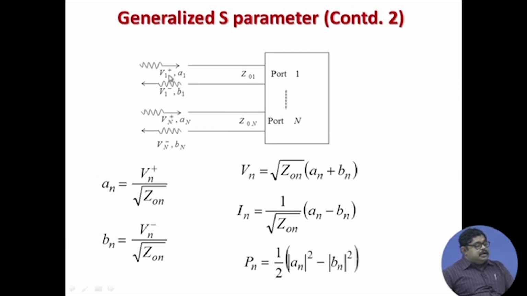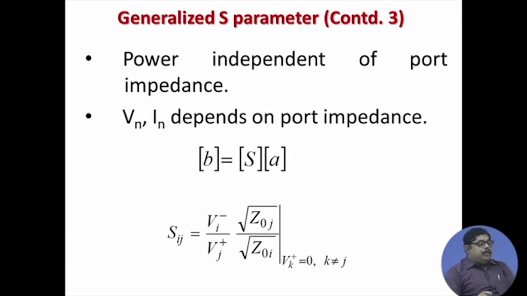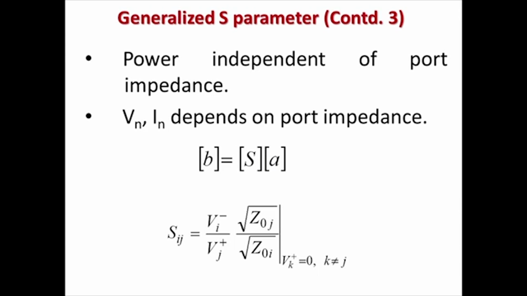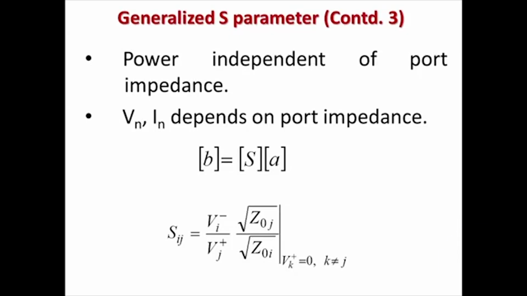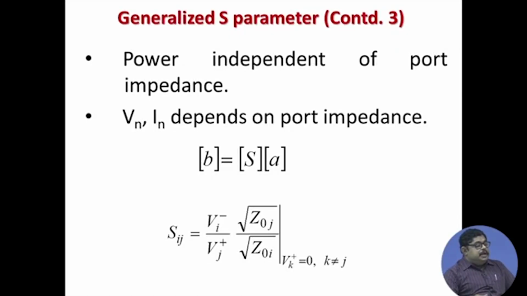If you write it in terms of V, power will be dependent on impedance as well. So, power is independent of port impedance, and generally this power is the thing that is required in many cases. If you want to make the power expression independent of port impedance, this generalized S parameter A B can be used. So, V n, I n depend on port impedance.